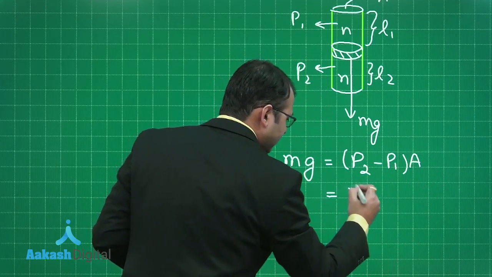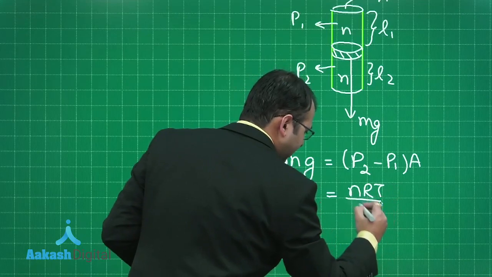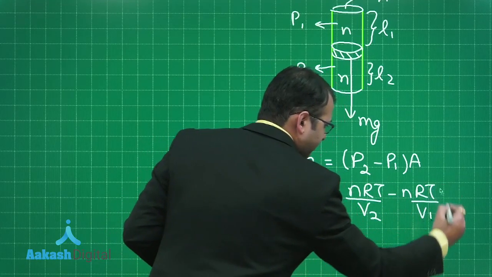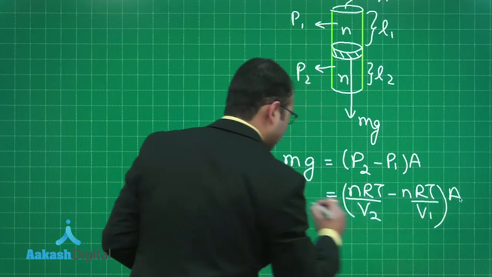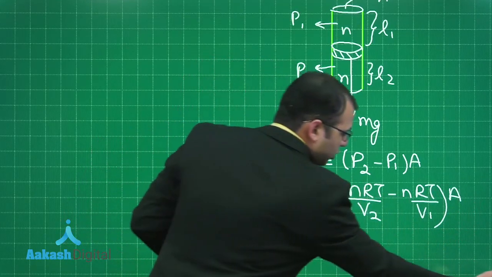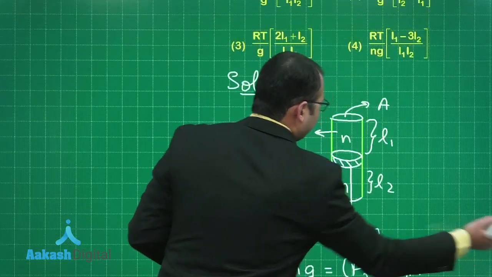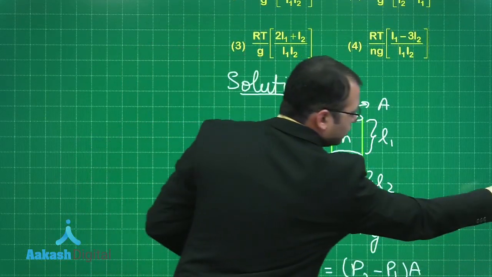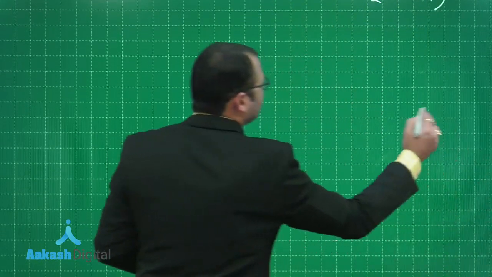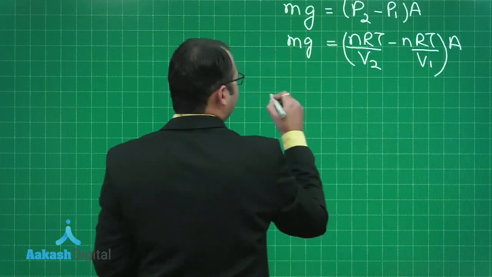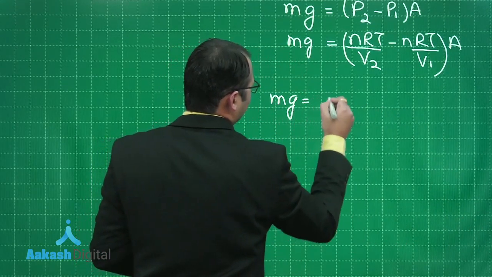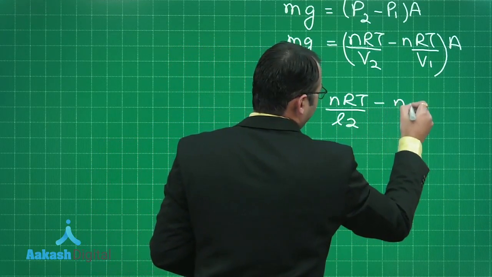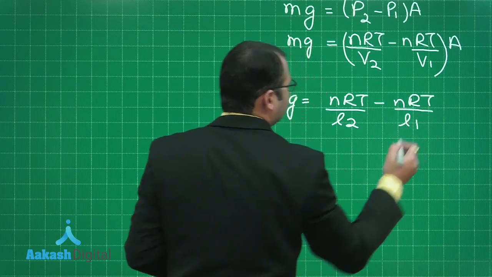Now for the pressures I can write nRT by V2 minus nRT by V1. This would be mg. On solving this, you know that V2 can be written as A into L2 and V1 would be A into L1. So just put down the values and you will get mg equal to nRT by L2 minus nRT by L1.